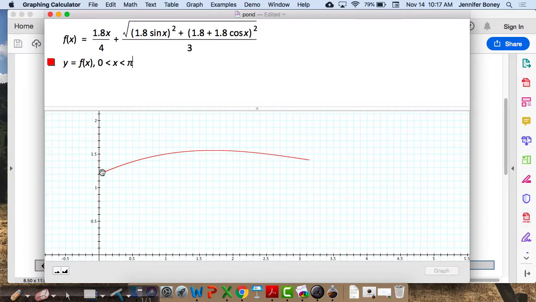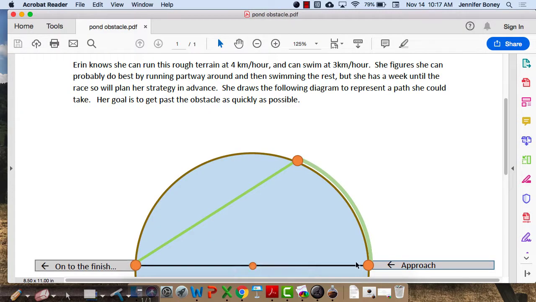So back to our picture, which no longer has writing on it, but let's see, here we go. If 0 was our angle, that means that this dot is actually down here. Her optimal time, which is about 1.2 hours to get past this obstacle, is to run until I get to right where I started, run nowhere, and just swim straight across.